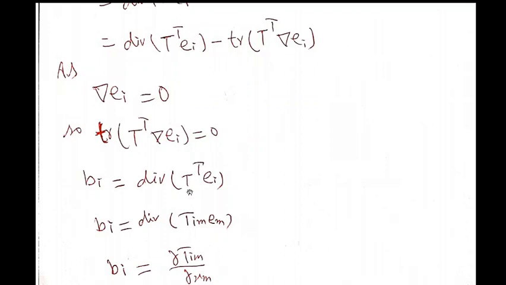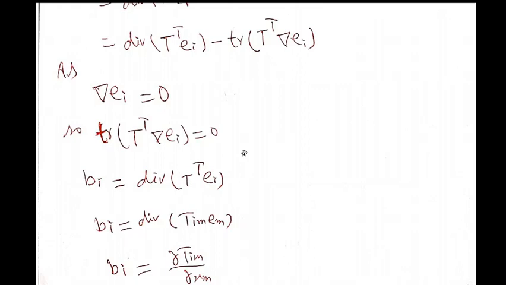This is a tensor, and we are transforming Ei with the help of this tensor. This is the transpose of the tensor. If you have a simple tensor T, then T Ei equals, if you remember from your earlier lectures, Tji Ej.